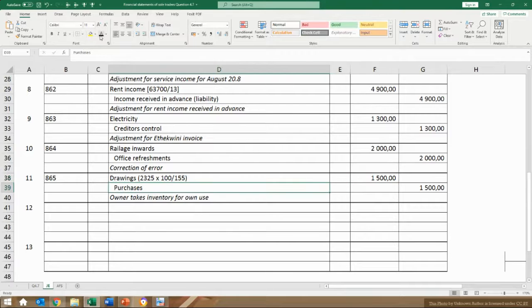Now, what is very important in this instance, and I'm just going to highlight it red here so you can see, because we've got a periodic inventory system, I take it to the purchases account and not to the inventory account as I would under the perpetual inventory system. We will only work out the cost of sales once we have done the year-end procedures.